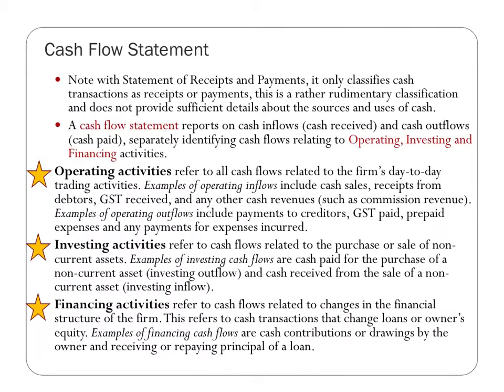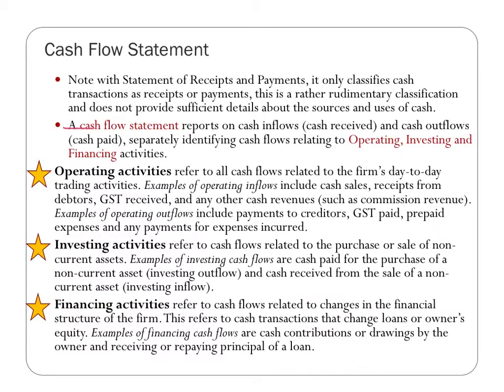Okay, cash flow statement. All right, note that the statement of receipts and payments only classifies cash transactions as either receipts or payments. So it's fairly general categorizations, either cash inflows or outflows. It's a rather basic, rudimentary classification and doesn't provide much detail about the sources and the uses of cash. So why do we need a cash flow statement?